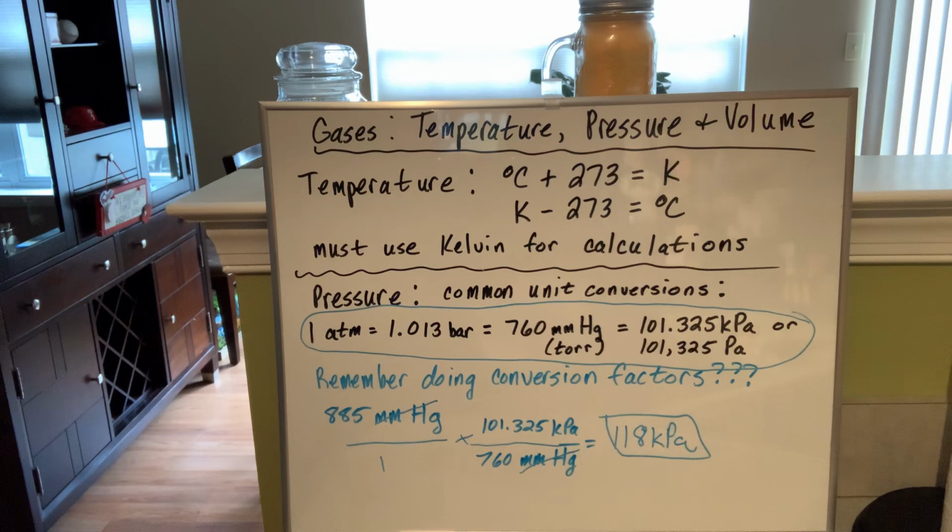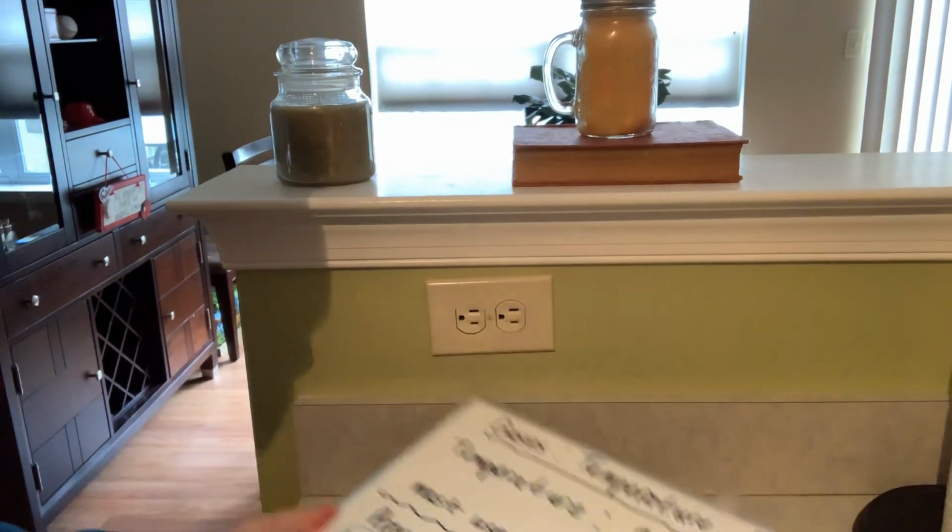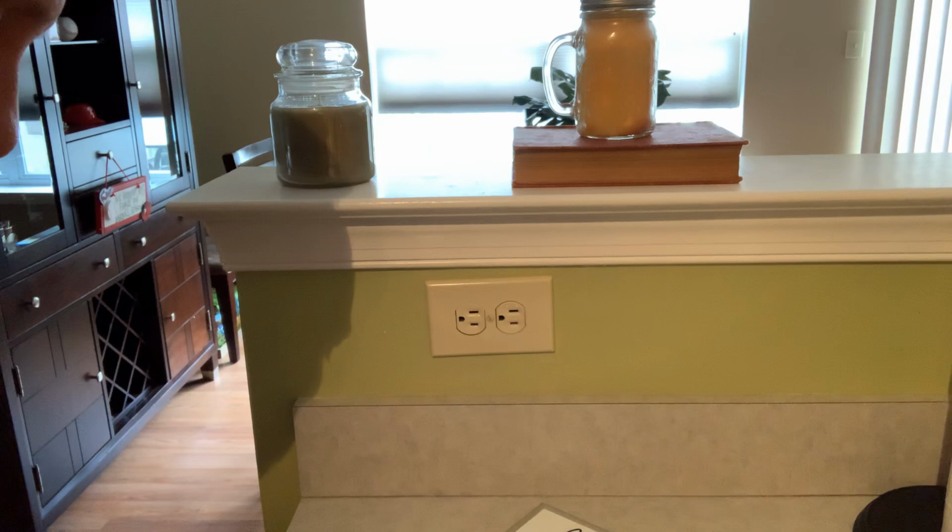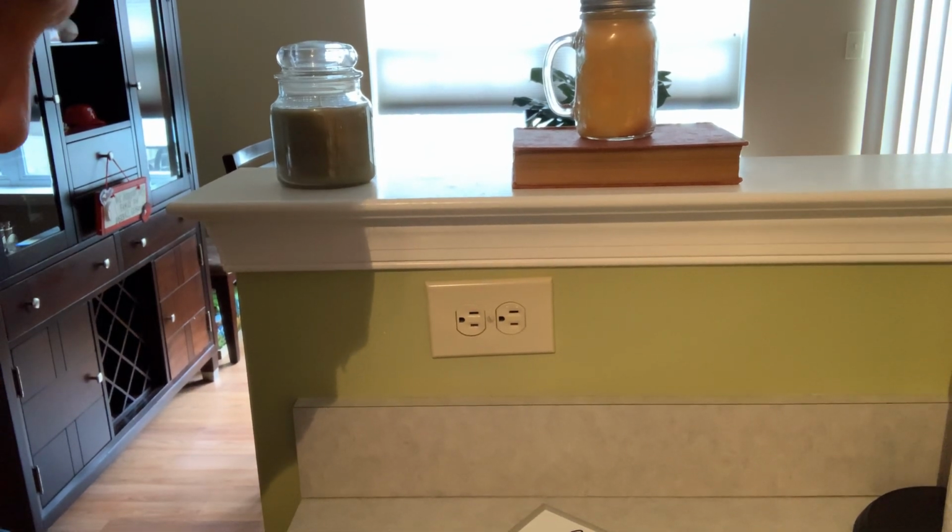There's ATM and bar. Why don't I do the one where it says convert the following to bar? So I will go 213,456 pascals. Let me write that one down. All right, so we got 213,456 pascals, and I'm going to put that over 1.